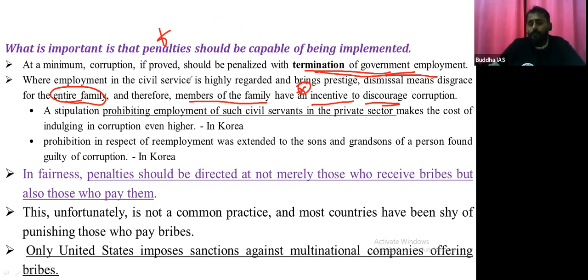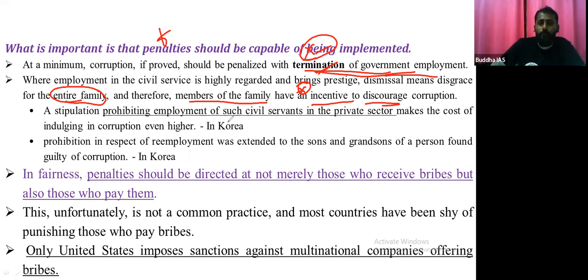So termination from the government employment becomes a very important thing. If there is simply a penalty like 10,000 rupees, 1 lakh rupees, this may not bring shame to the family. So termination is a very important tool.